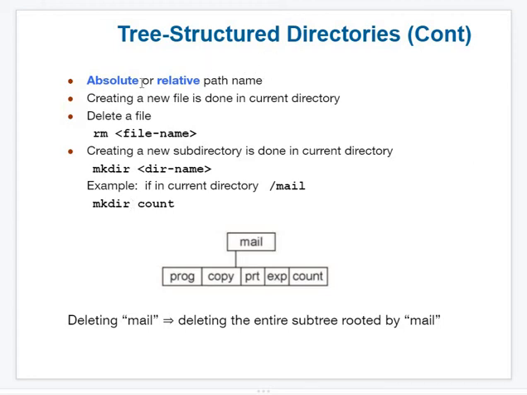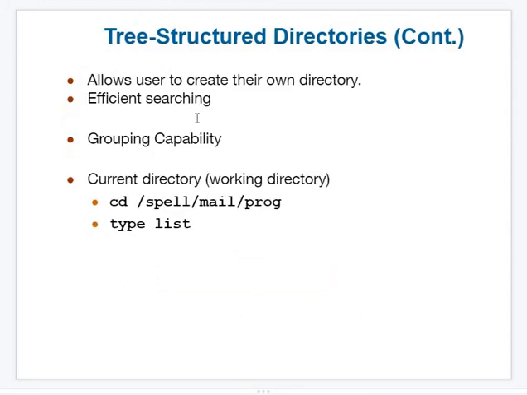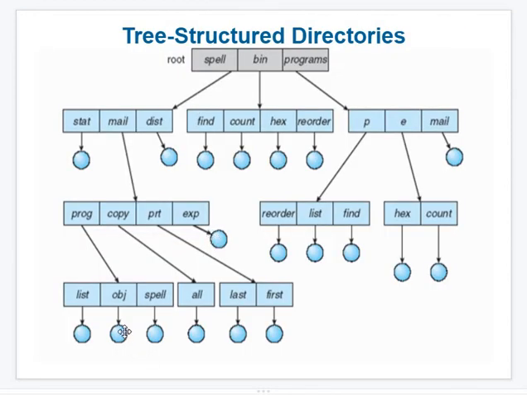Next comes absolute path and relative path. Let me give you an idea. If you think of this as a file you wanted to search, absolute path means from the root give the complete path. That is called absolute. Relative means what? Assumption: right now you are in PRT, and you want to search OBJ's F2. What do you have to do?